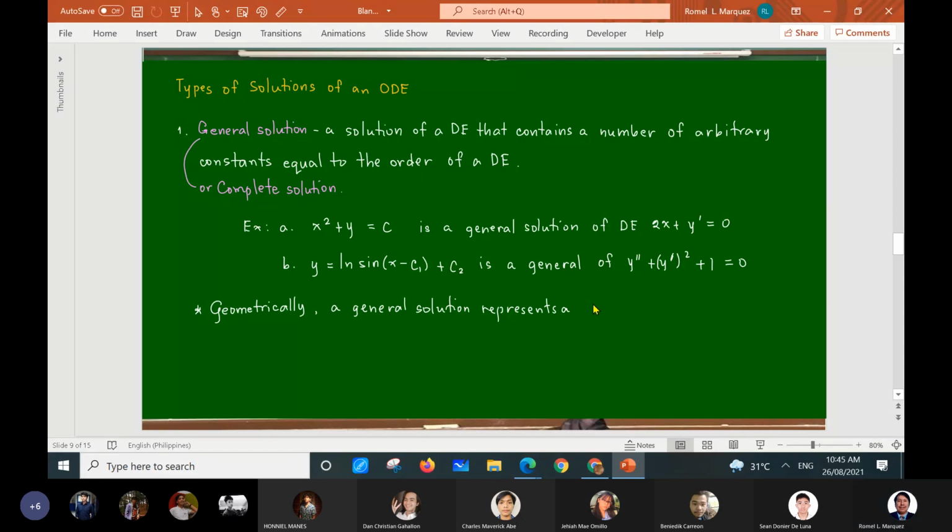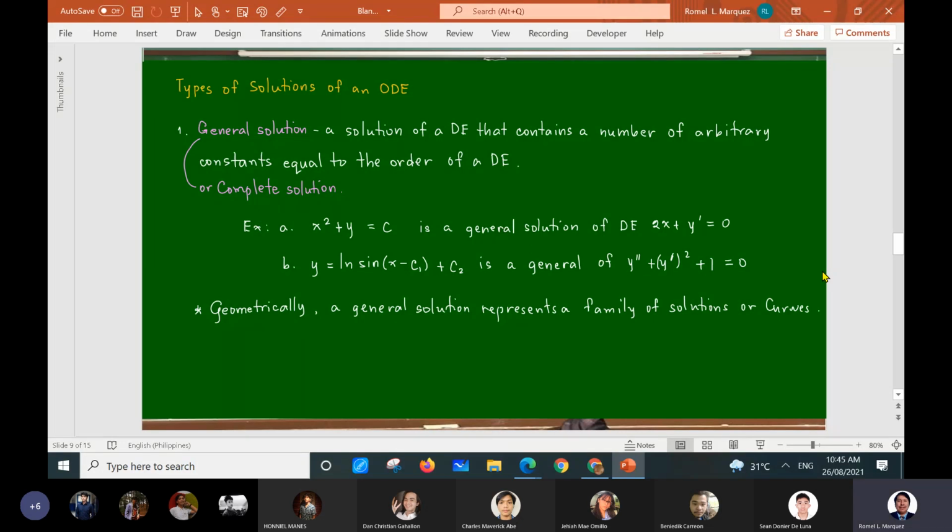It represents a family of solutions or curves. So that is how we interpret a general solution geometrically.